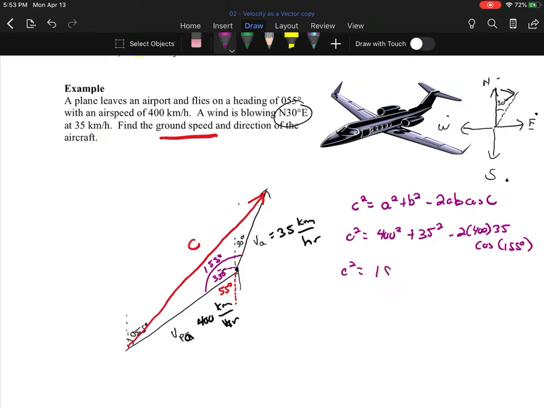And when I get that, I get C squared equals 186601.618. Maybe you don't even put that step in there. Maybe you square root that all in one step. Try typing it in your calculator, and I get 431.2. I'm going to round it to the nearest whole number there. The other velocities were whole numbers, so my resultant velocity, I'll do 431 kilometers per hour.